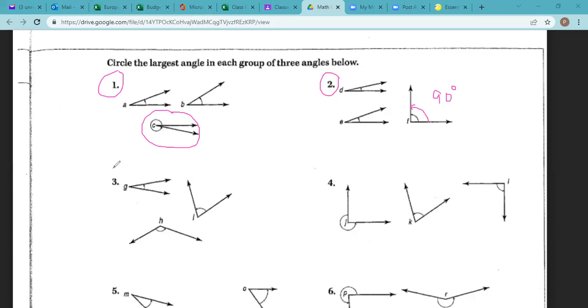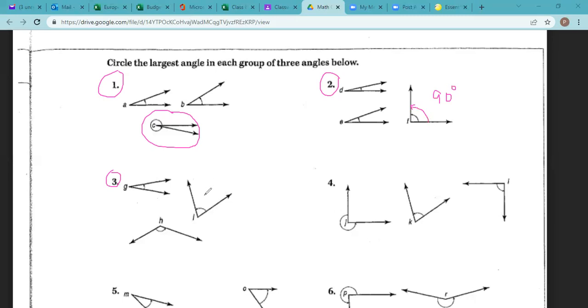All right, let's go down to number 3. Pause your video if you need to. Okay, if you noticed that G is yet another small angle, then you'd be right.